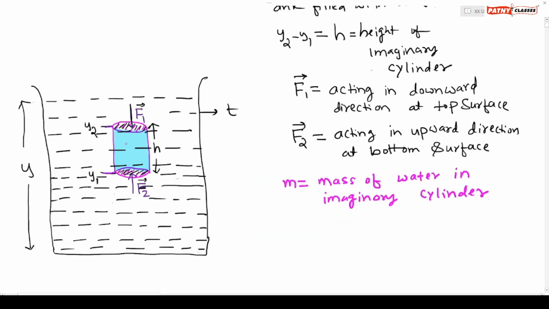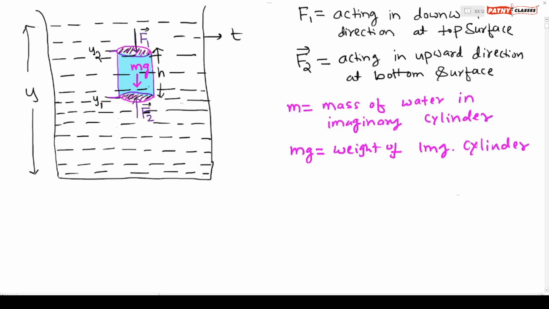Let m be the mass of the water enclosed inside this imaginary cylinder. So the weight of the water will act in the downward direction. So mg equals the weight of water in the imaginary cylinder. Since this imaginary cylinder is not moving upward or downward, the cylinder is in static equilibrium.